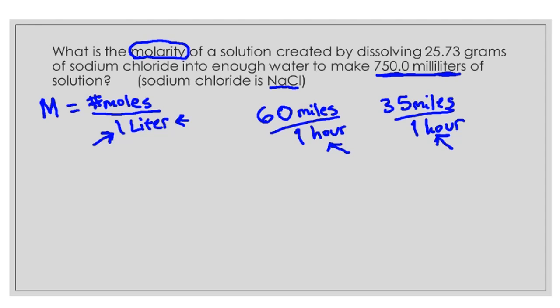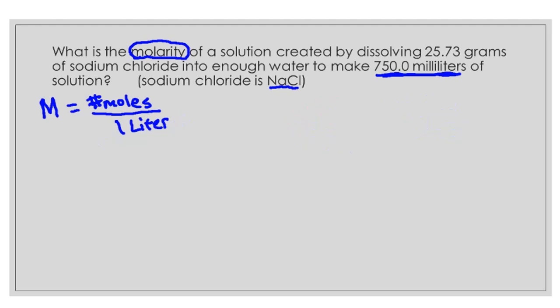So let's continue on with this problem and see how to solve it. Now, what is the molarity of a solution created by dissolving 25.73 grams of sodium chloride into enough water to make 750 milliliters of solution?